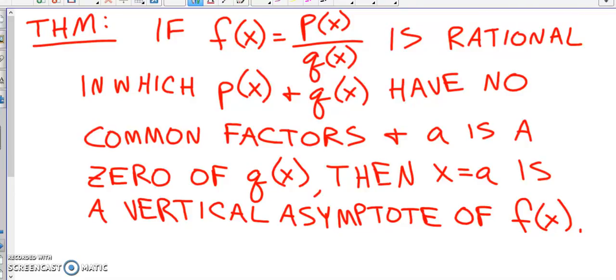So as long as there's no common factor between the numerator and the denominator, wherever the denominator is 0, you get a vertical asymptote. Sound good?